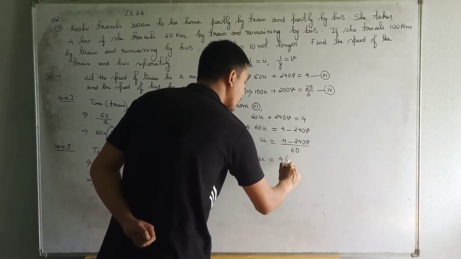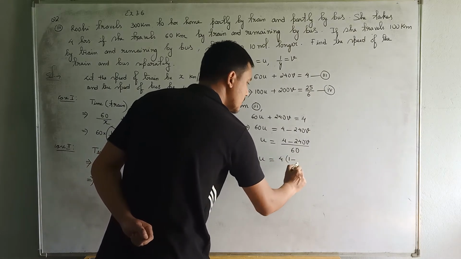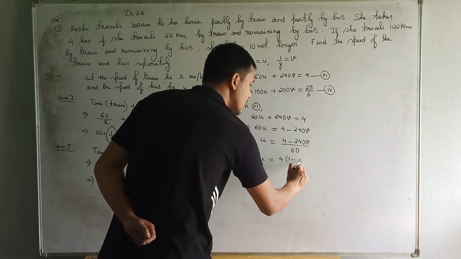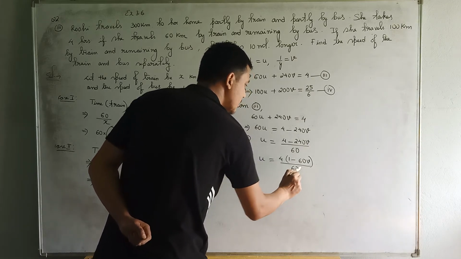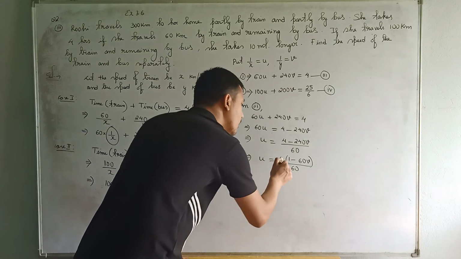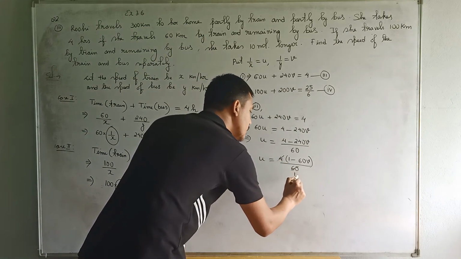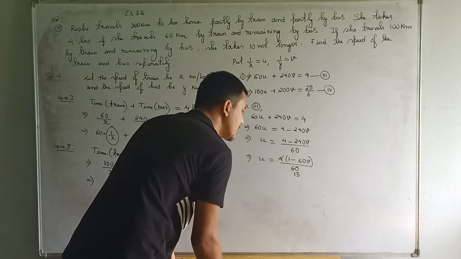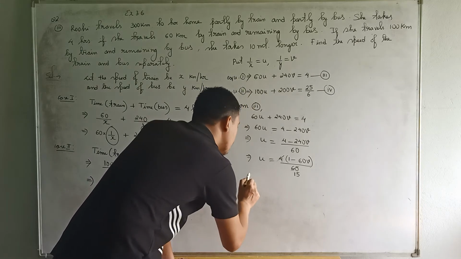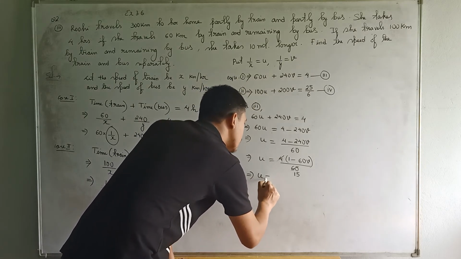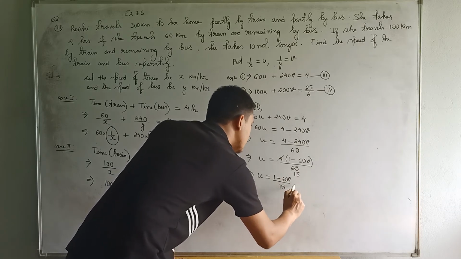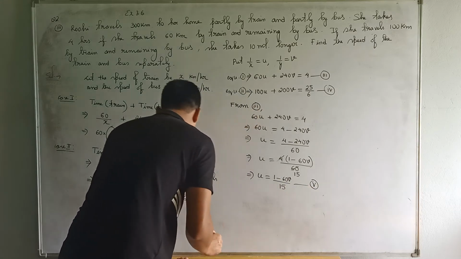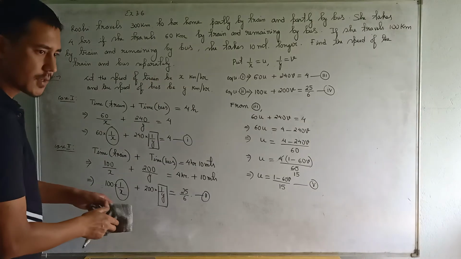If you take 4 common, 1 minus 4, 6 times is 24 upon 60, right? 4 ones are 4, 5 times is 20. So your u is 1 minus 60v upon 15, this is another new equation, 5.